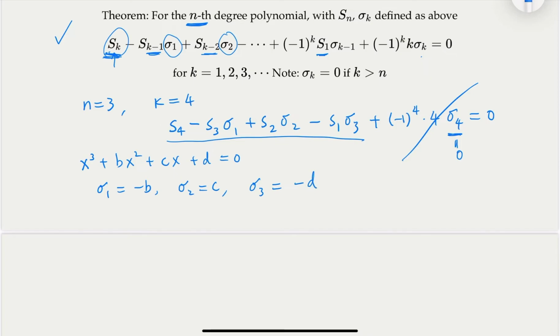When you plug in sigma 1, sigma 2, sigma 3, we say that S4 minus S3, which is plus b S3, plus c S2, plus d S1, the negatives cancel, and then it becomes d S1 equals 0.